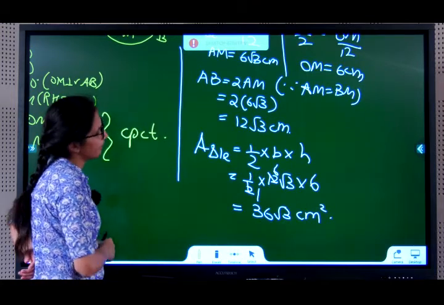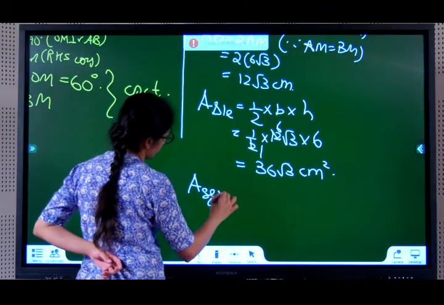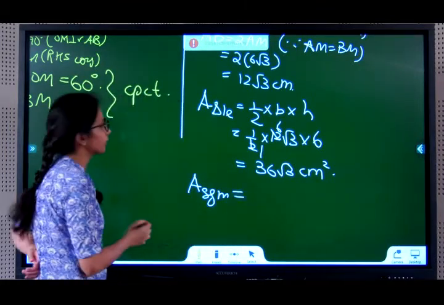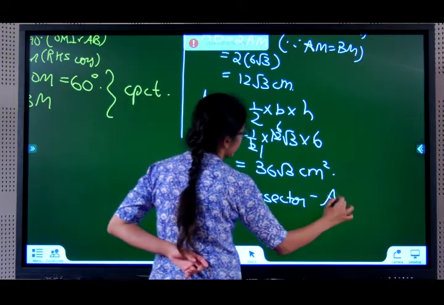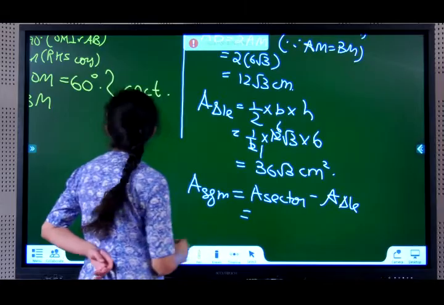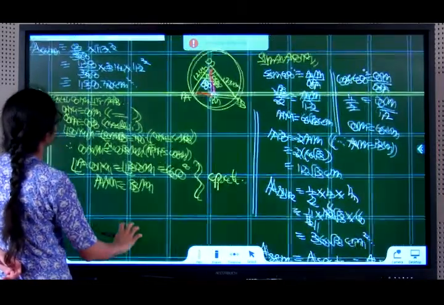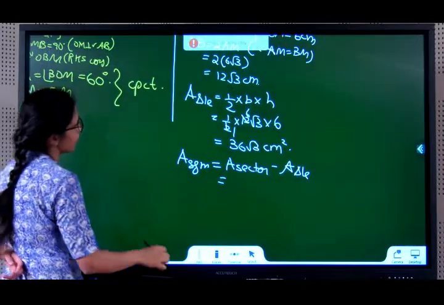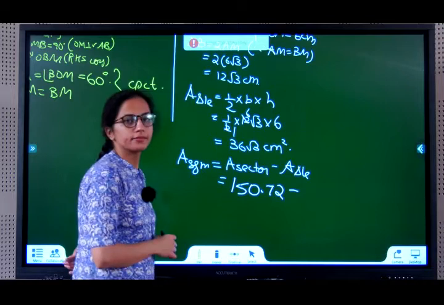Now to find the area of the segment, area of minor segment or just segment here because they have not asked for major, area of sector minus area of triangle. What is the area of the sector? We already found the area of the sector, 150.72 minus.